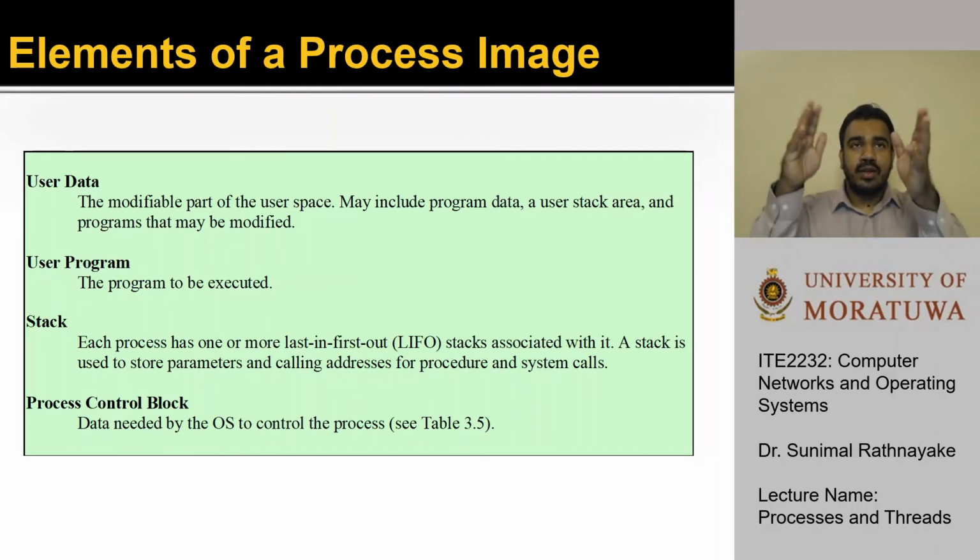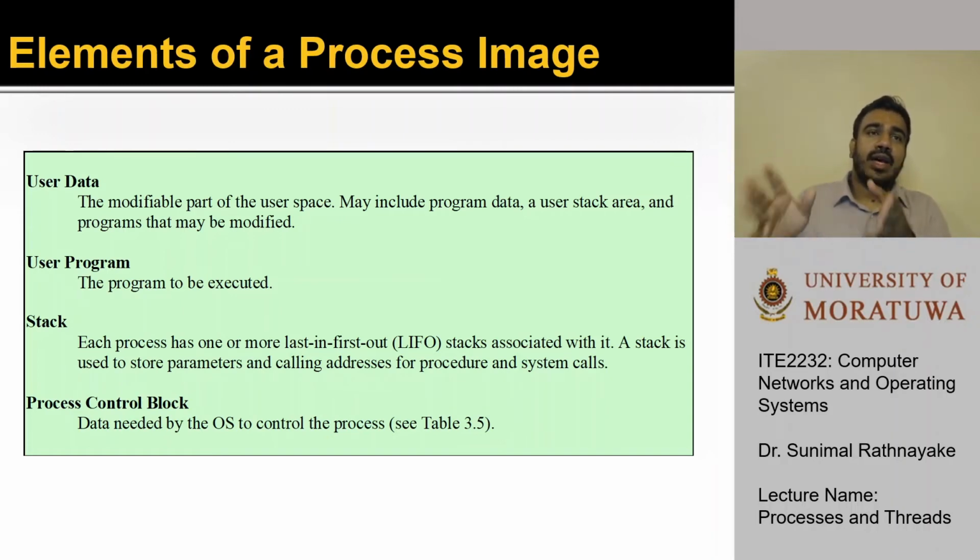So when you have, let's say, two functions, function A and B in the program, first function A is called. The execution has to keep track of where the instruction was before the function was called, because once function A completes, it has to come back to that particular location.